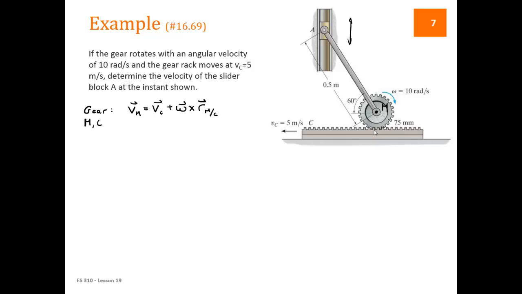So now we can fill some of these in. Point C is in contact with the gear track, right? So point C must be moving to the left with a velocity of 5. Just as a reminder, this is the positive I hat, that's the positive J hat. So VC is negative 5 I hat. Omega is in the K direction, and it is negative.